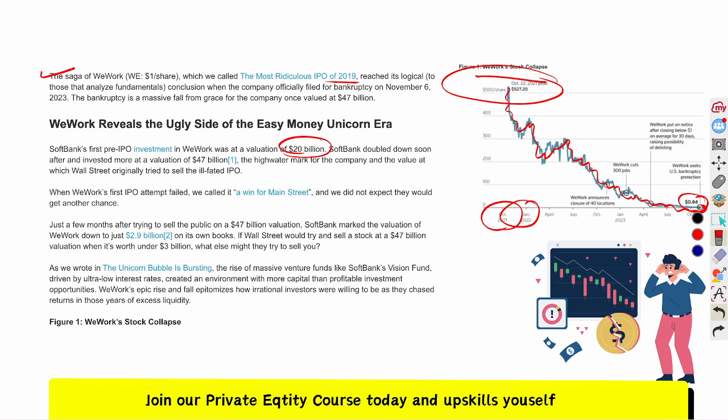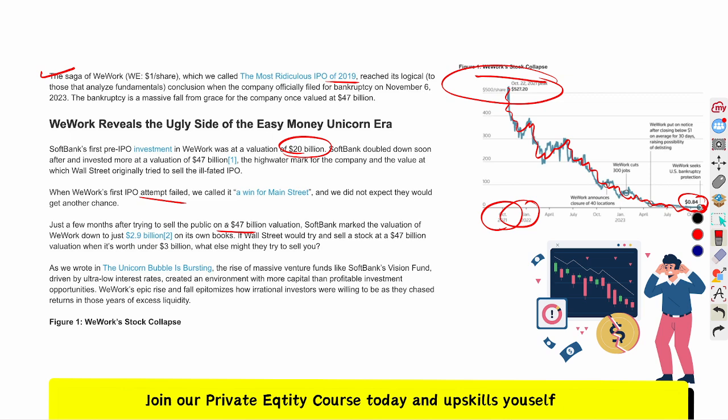When WeWork's first attempt failed, we called it a win for Main Street, and we did not expect they would get another chance. Just a few months after trying to sell the public on a 47 billion valuation, SoftBank marked the valuation of WeWork down to just 2.9 billion. See, from $47 billion to $2.9 billion, it was a huge change in the valuation.